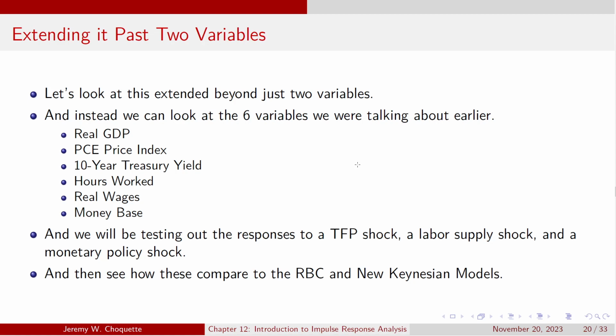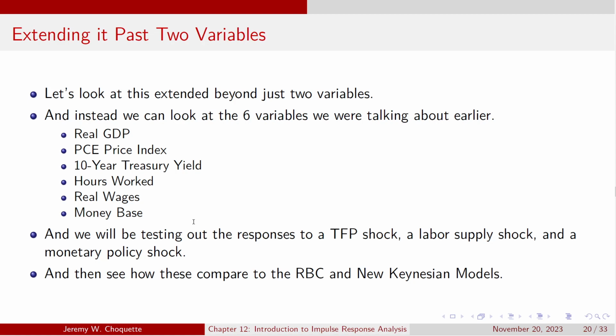And I'm going to be testing out all these responses to a total factor productivity shock, labor supply shock, and a monetary policy shock. Total factor productivity shock is going to originate in real GDP. Now, the money supply shock is going to be originating in the money base because the central bank is increasing the money supply.